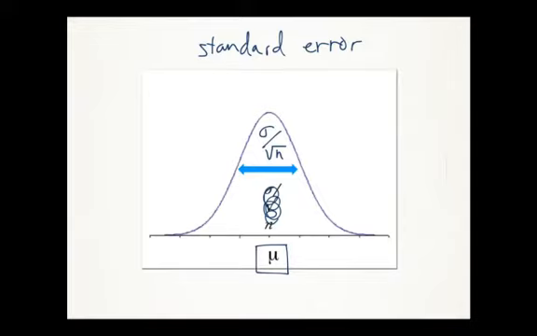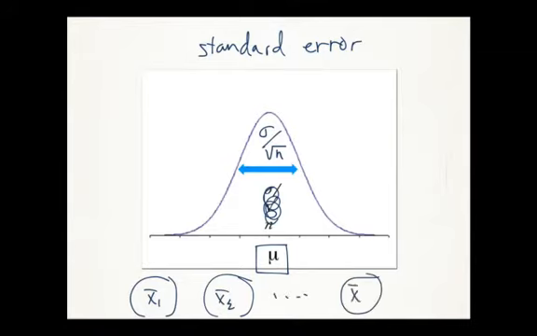That's our previous way of doing things. Here was sample 1, and we get x bar sub 1, and then we take sample 2, and we get x bar sub 2, and we keep going until we had x bar sub n.